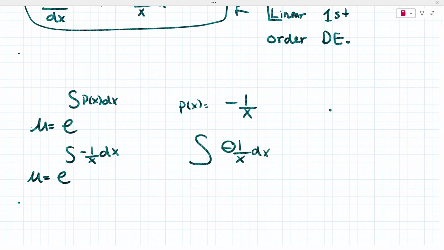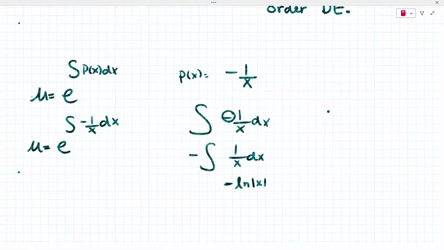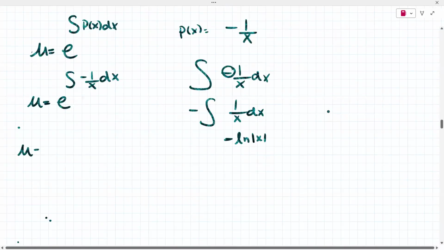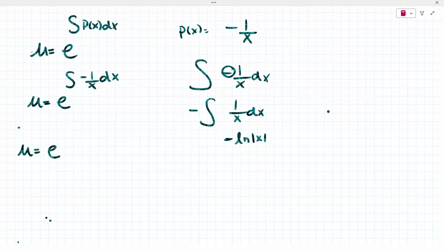This negative is a constant, so put that in front. And then the integral of 1 over x dx. What is the integral of 1 over x dx? It's just ln of the absolute value of x, and then you have this minus.